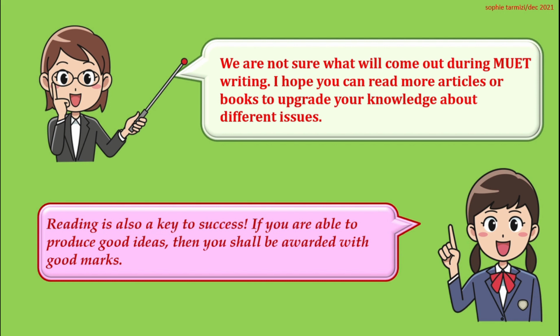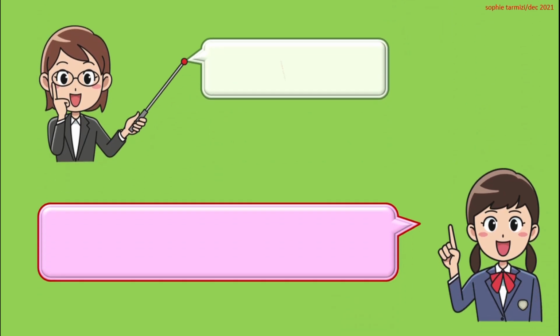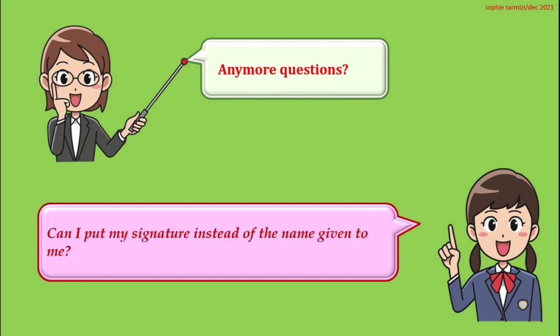Normally, sentences are going to be looked at by the examiners and good marks will be given to good sentences. Do you remember that you have to put the name at the end or at the bottom of your letter or your email?